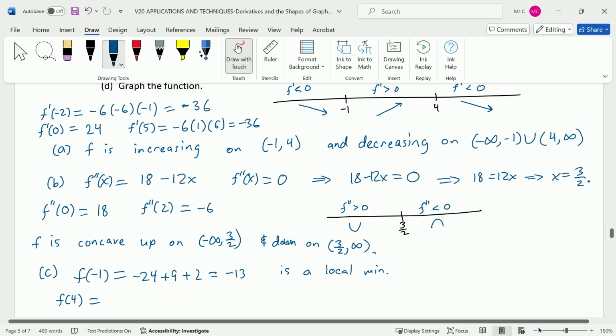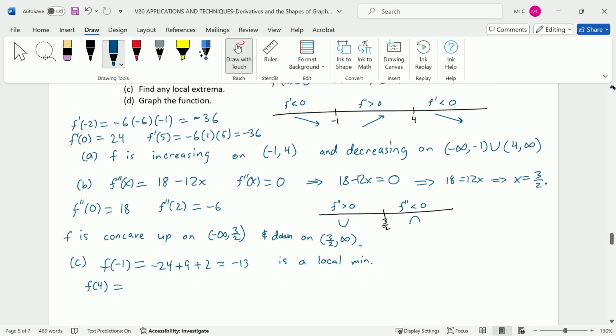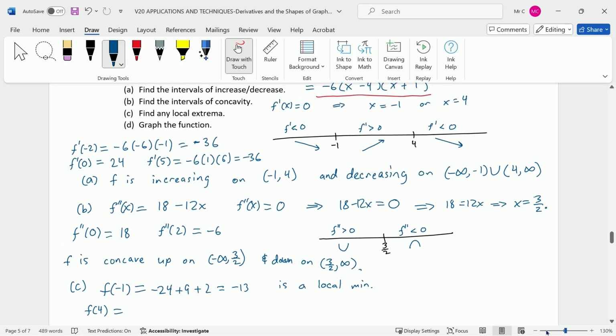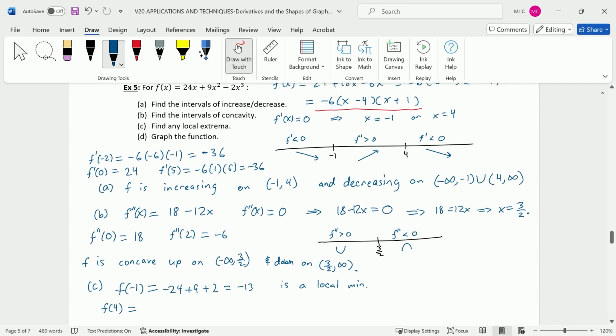And if we try to plug in 4 into our function, let's just zoom out a little bit so I can get the whole thing on screen here. We get 24 times 4. It's going to be 96 plus 9 times 16. That's 144.